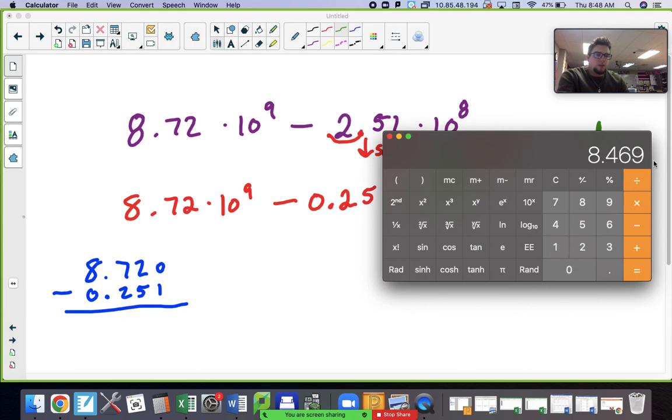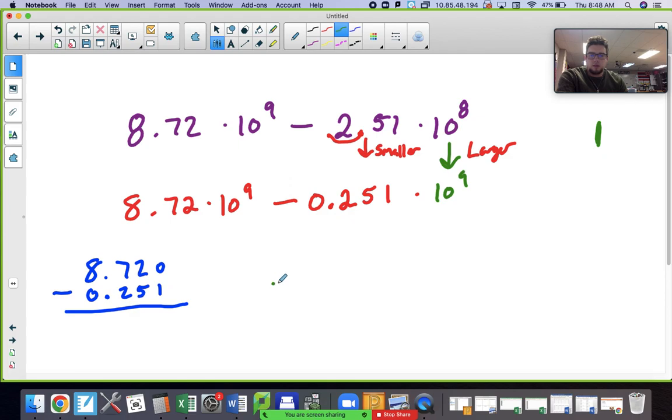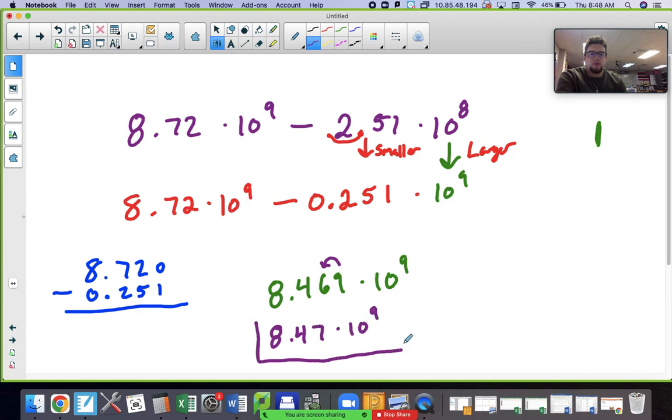So there's the number that we're going to keep: 8.469 times 10 to the 9th. We're only going to keep two decimal places, so the 9 rounds the 6 up, and our final answer is 8.47 times 10 to the 9th.